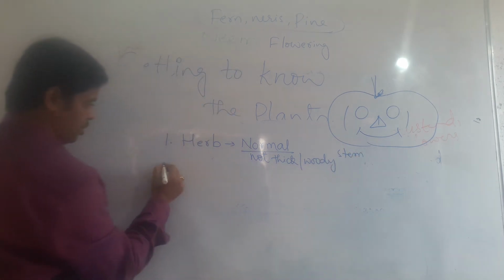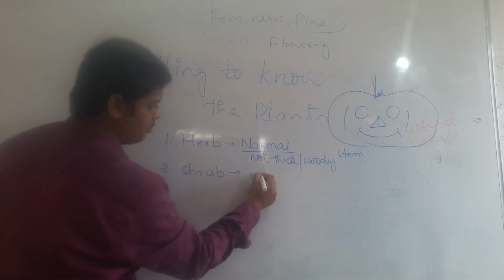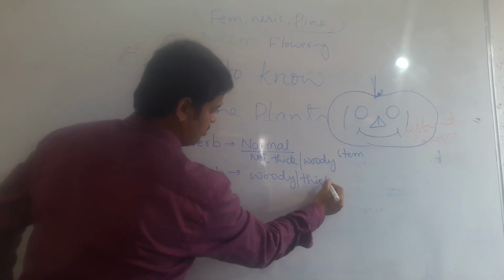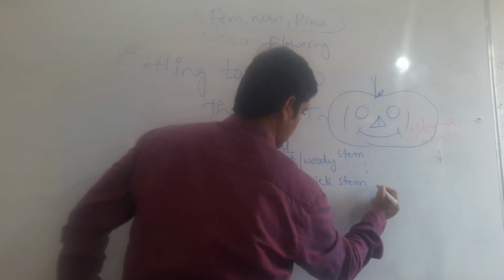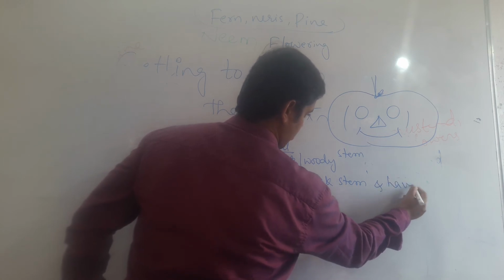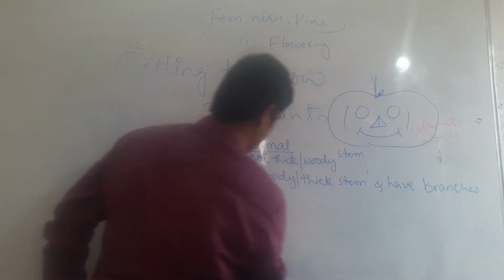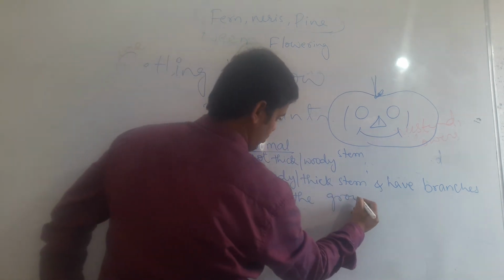Right? And number 2, shrub, which has a woody stem, woody or thick stem, and has branches near the ground. Very good. Near the ground.